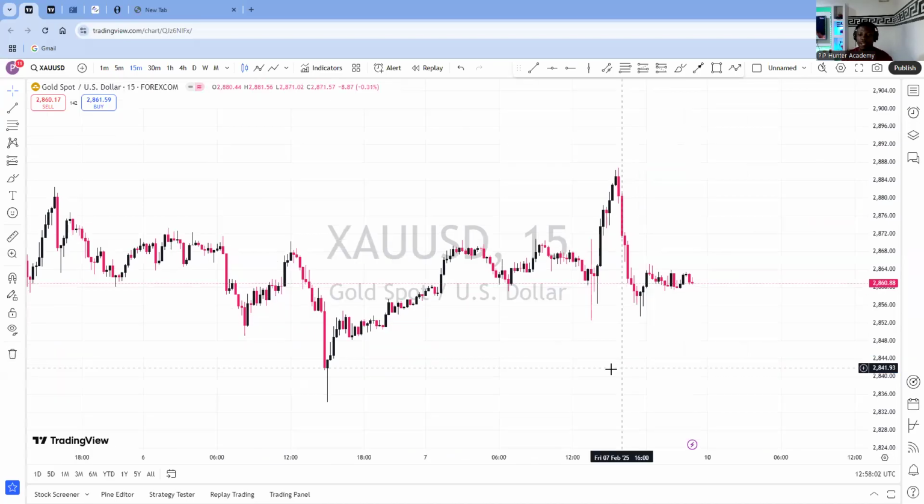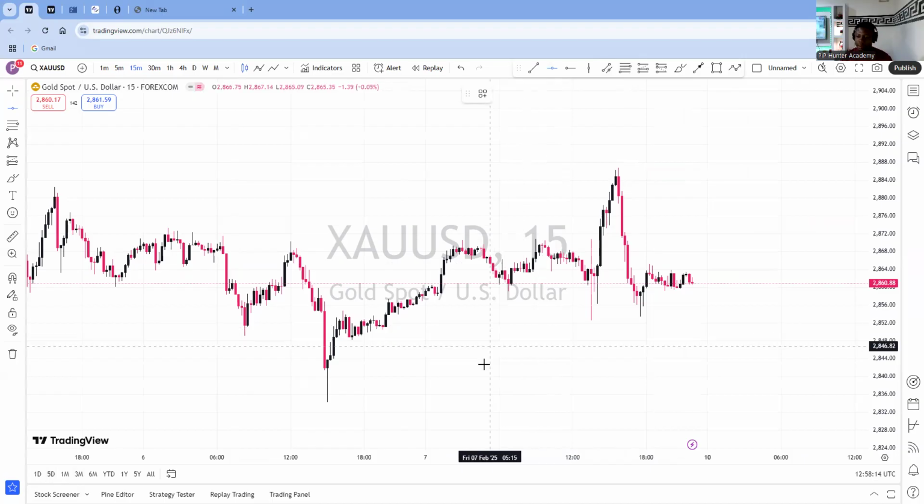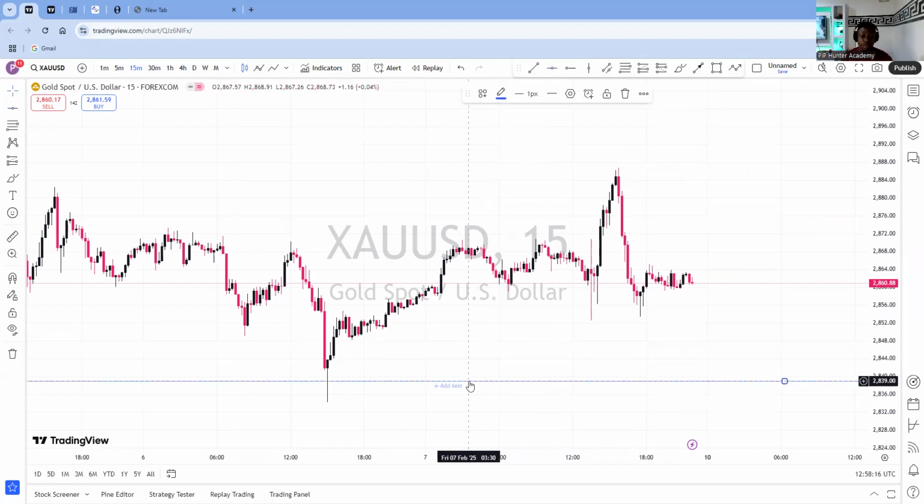Okay, so like I was saying, the last time I told you guys that calculating pips on gold is actually simple. So let me put this line here, adjust it to 2800.